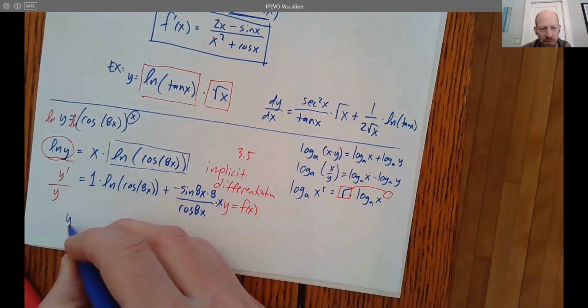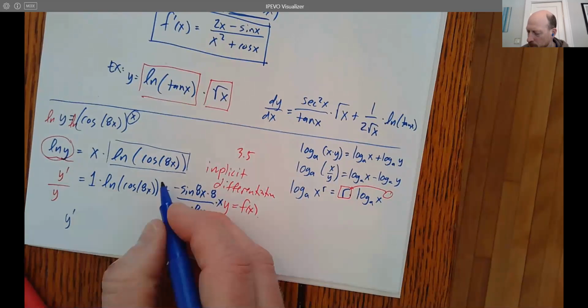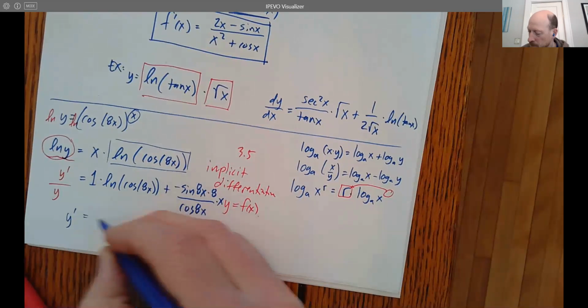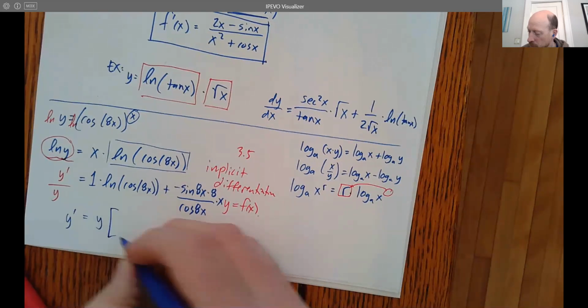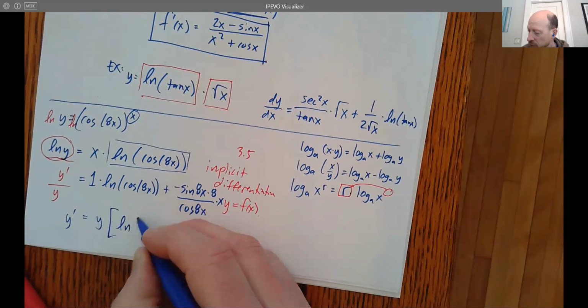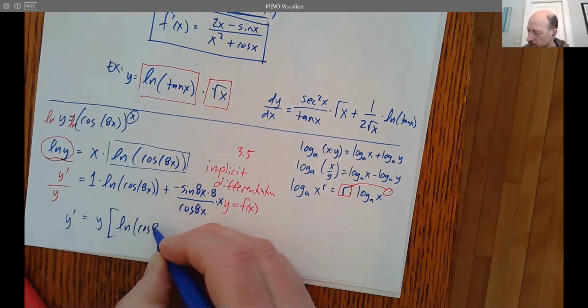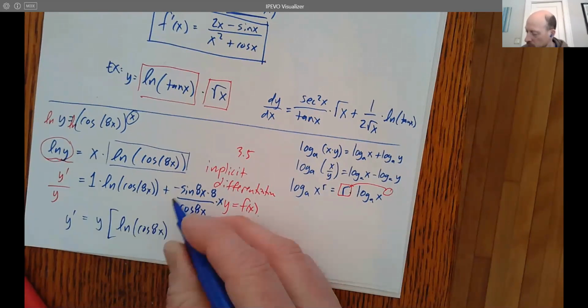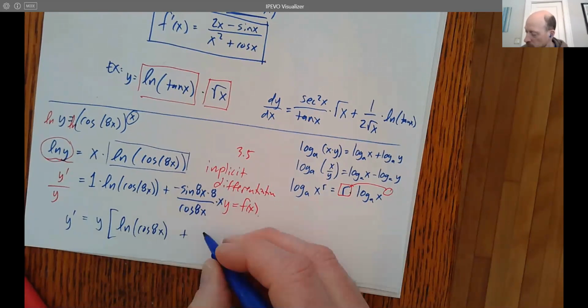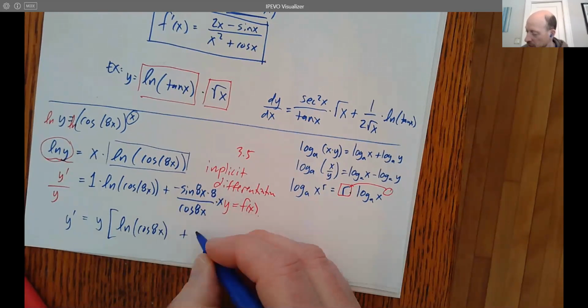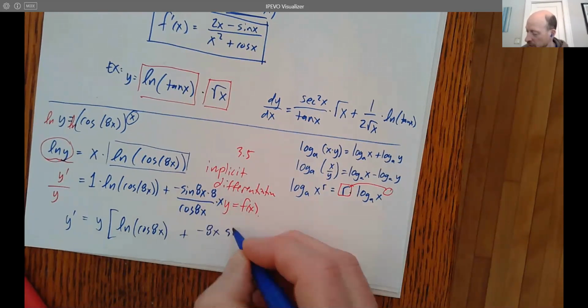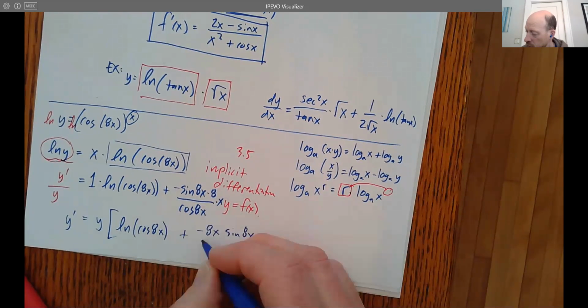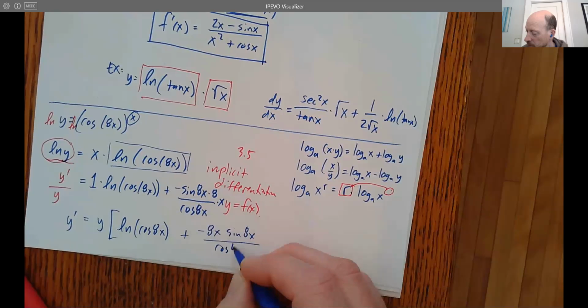I just have to multiply both sides by y. I get the natural log of the cosine of 8x, plus, let's make that minus 8x sine of 8x over cosine of 8x.